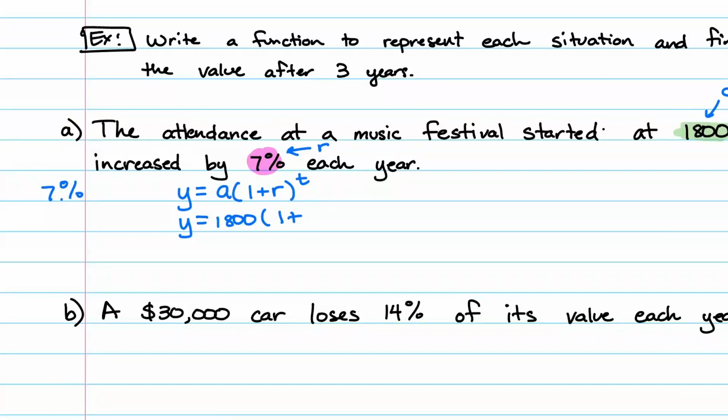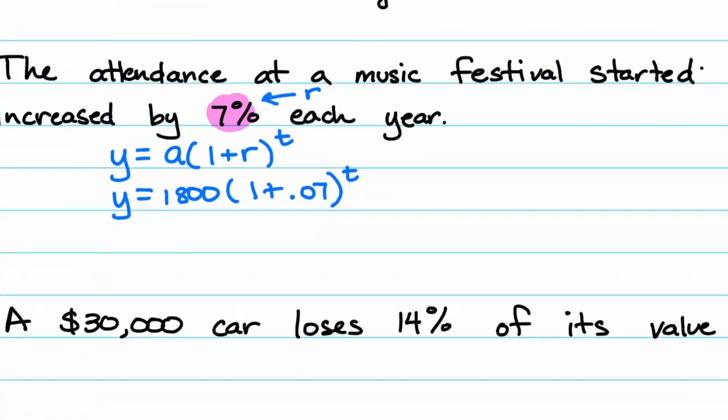Remember, to do that, you put the decimal at the end and you move it 2 times to the left. So in this case, I'm going to end up with a 0.07 to the t. Now, the only thing left for me to do to get my formula is, I know what 1 plus 0.07 is. It's 1.07. So I get y equals 1,800 times 1.07 to the t.